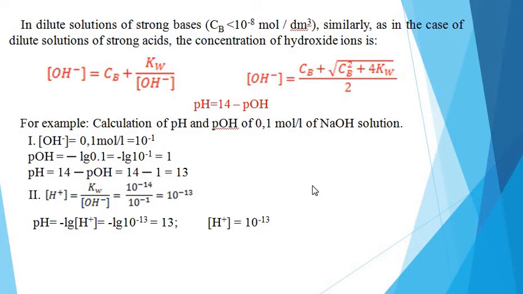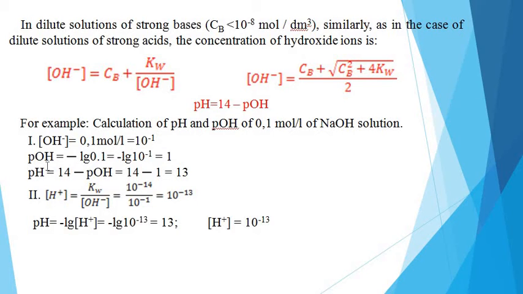For example, calculation of pH and pOH for a strong sodium hydroxide solution. If the concentration of the strong base is equal to 0.1 mol/liter, it means the concentration of hydroxide ions is equal to the concentration of this strong base, 0.1 mol/liter, or 10 to the minus 1 power.